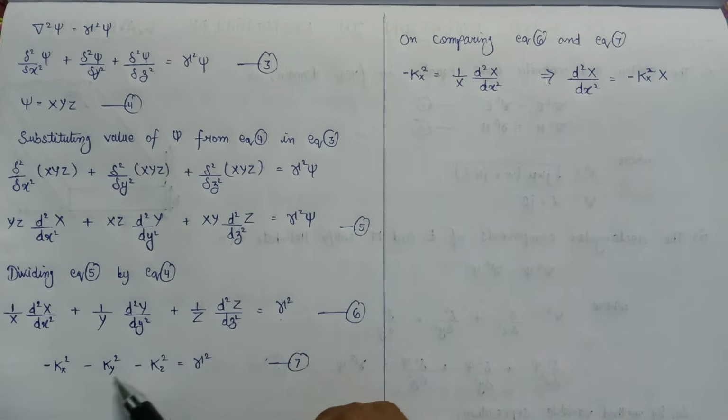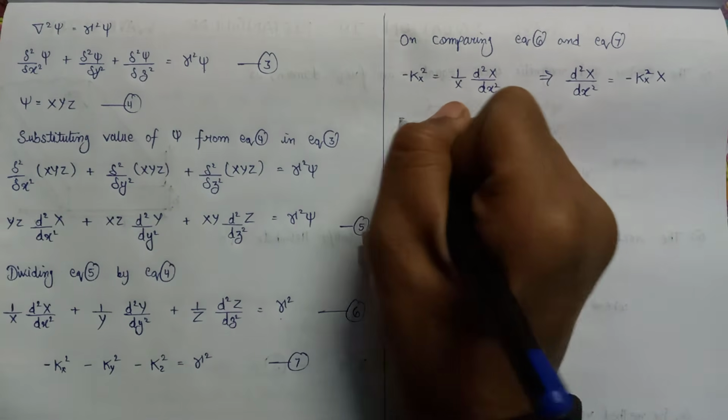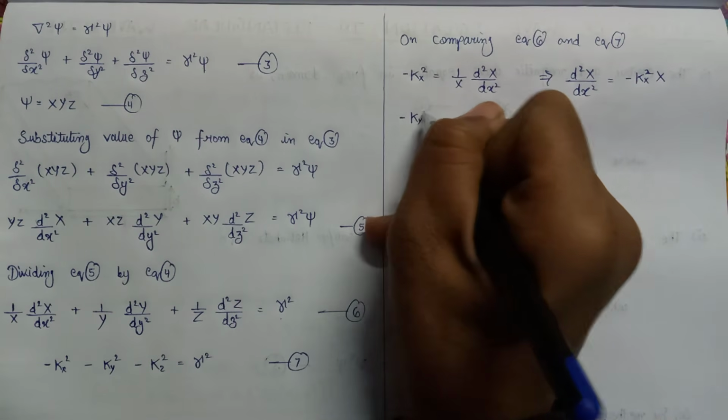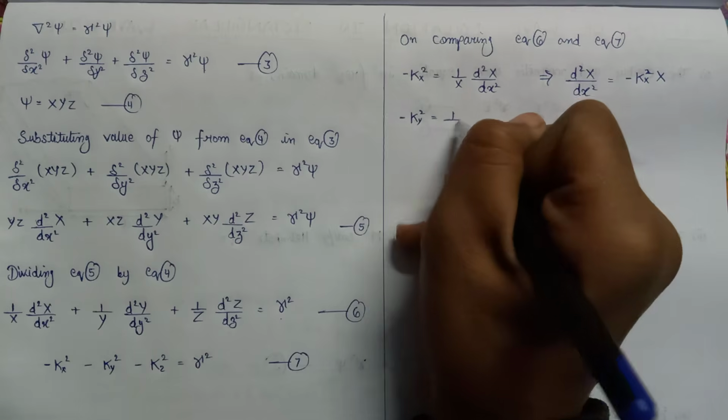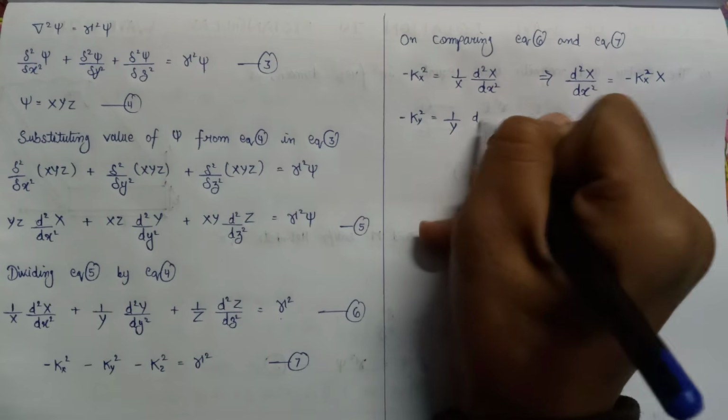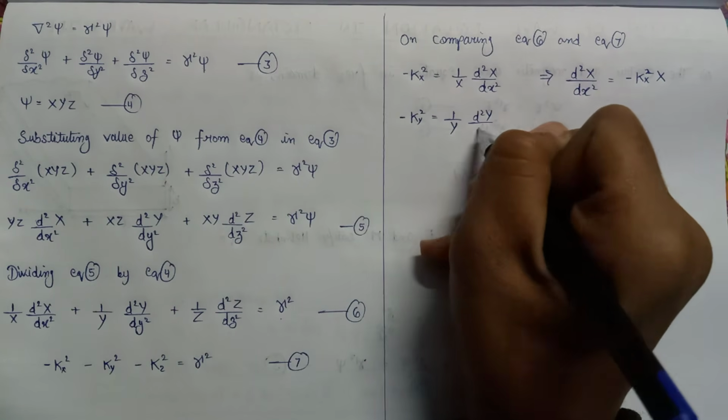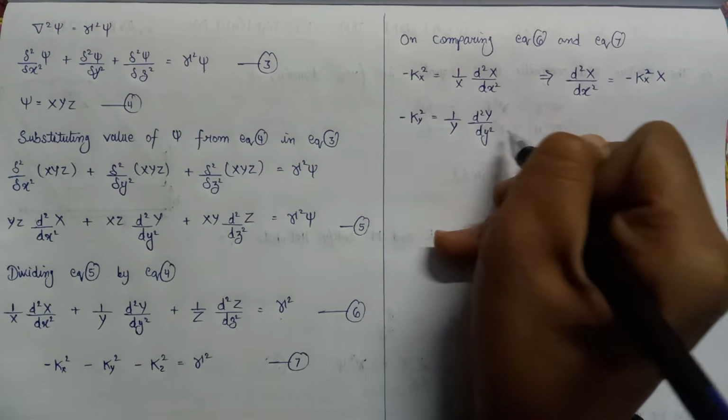Similarly, for the second term, minus ky square will be this second term, that is 1 over capital Y d2 capital Y over dy square. So minus ky square equals 1 over capital Y d2 capital Y over dy square.